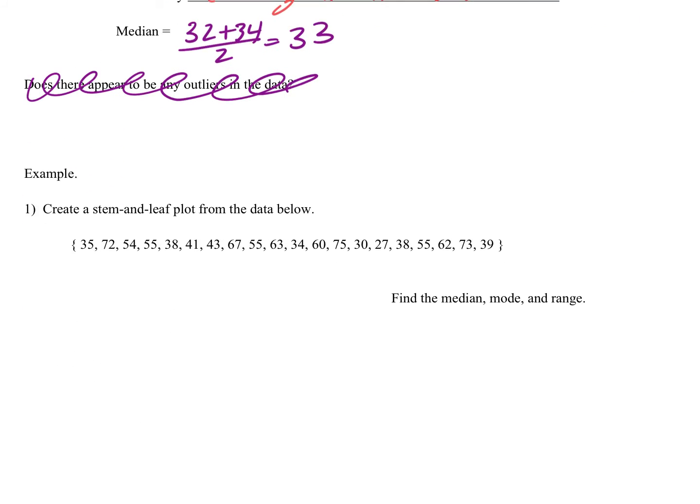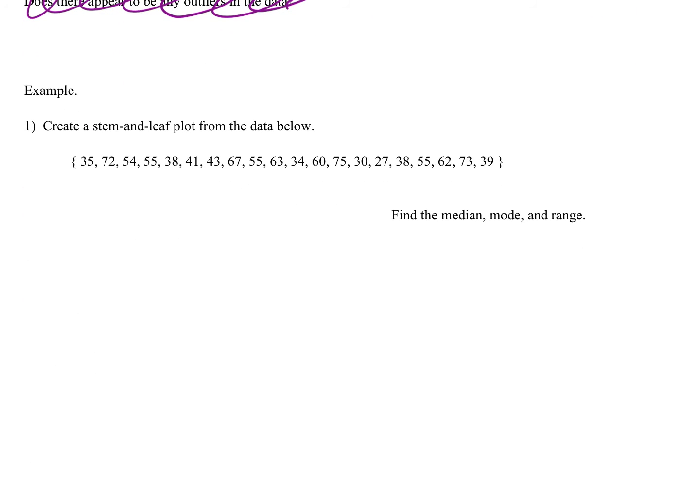Okay, so we can also create a stem and leaf plot and then use it to find our mean, median, mode, and range. When we're creating a stem and leaf plot, we want to create a vertical line segment to separate our stems and our leaves. I have numbers in the 20s, 30s, 40s, 50s, 60s, and 70s, so I'm going to put my 2, 3, 4, 5, 6, and 7 in my stem section.